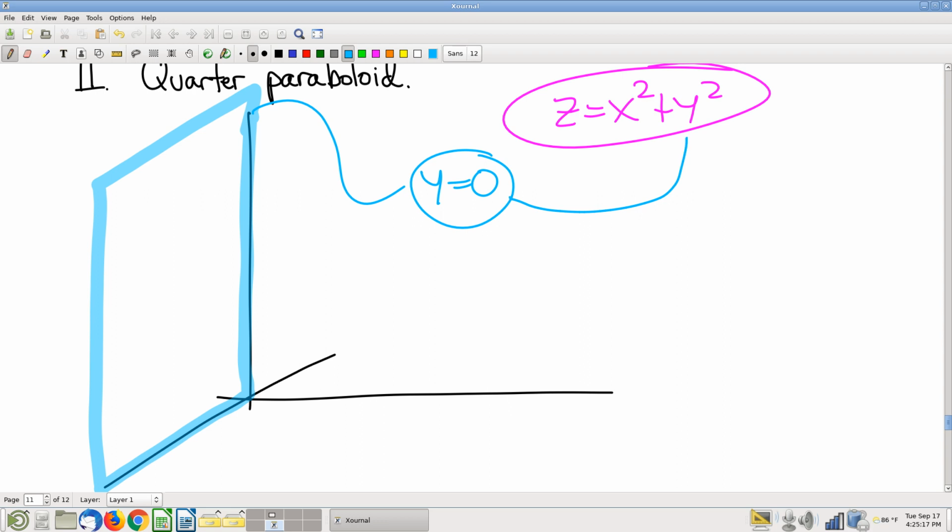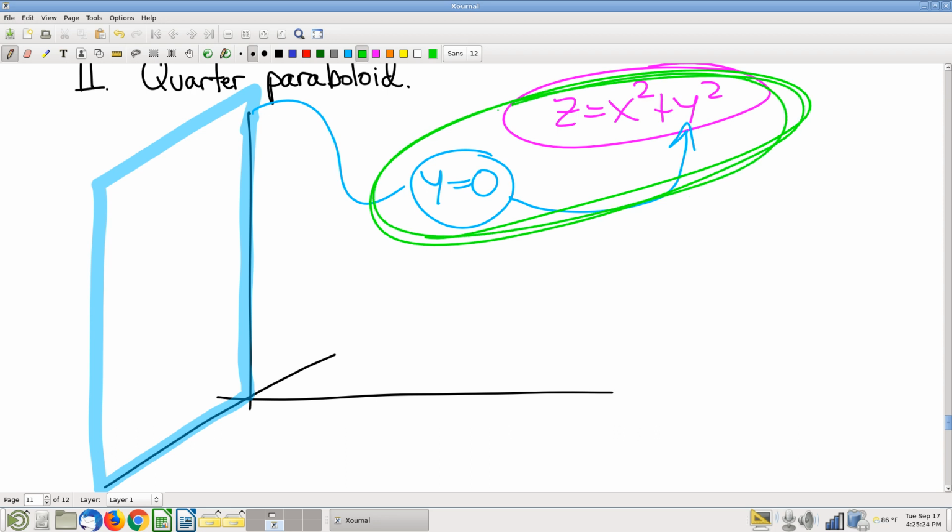If you were to take y equals 0 and put it into there, combining these equations, in other words, notice that the intersection of these two surfaces, namely the y equals 0 cross-section of that paraboloid, is going to have an equation in that plane which is just z equals x squared. So that's a parabola.